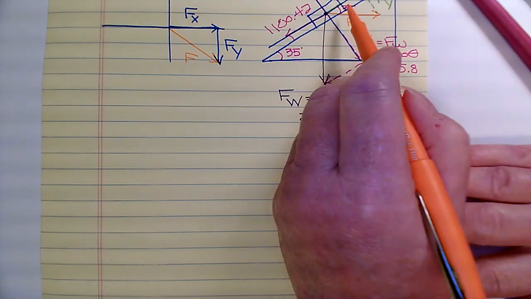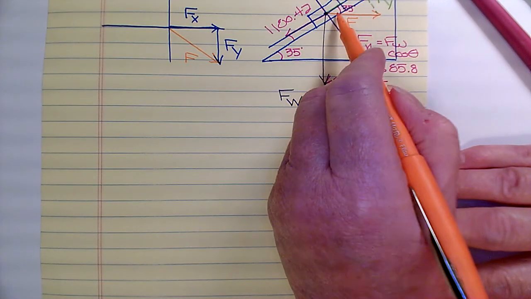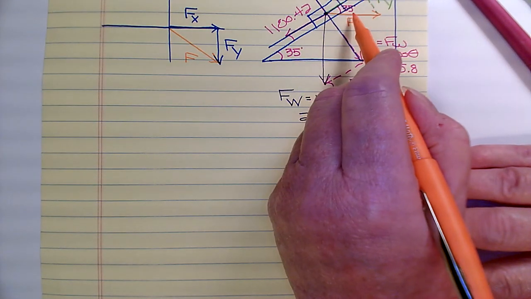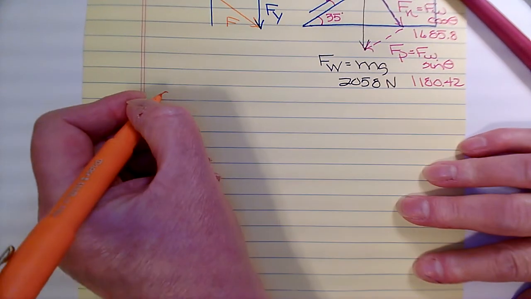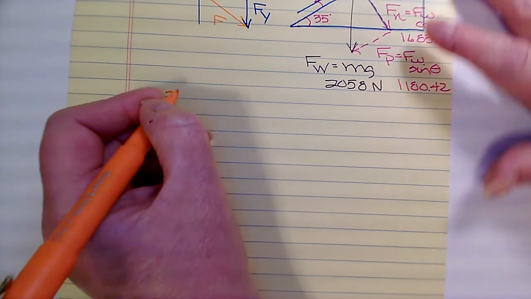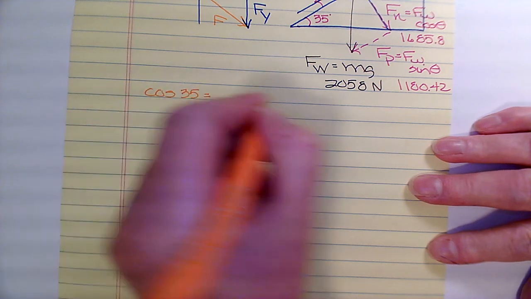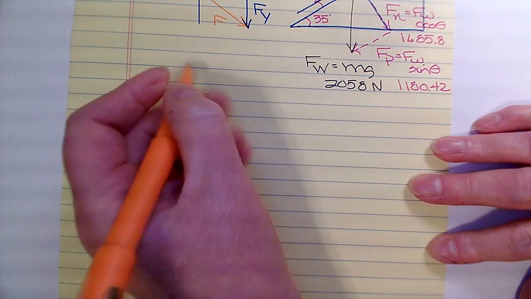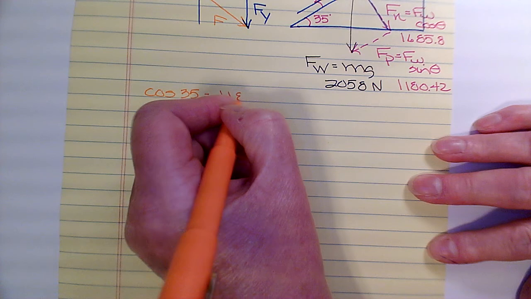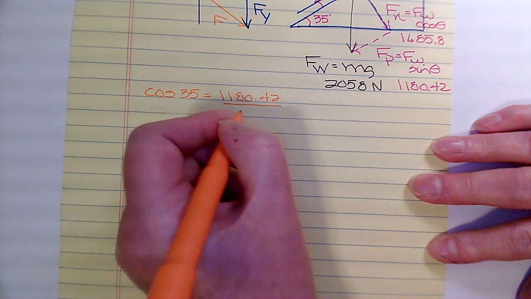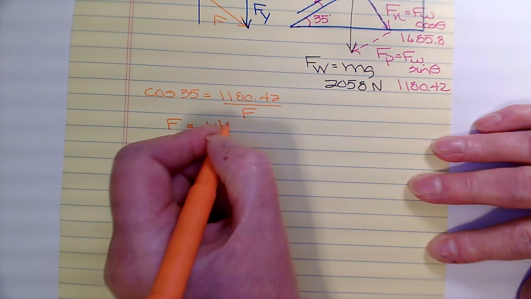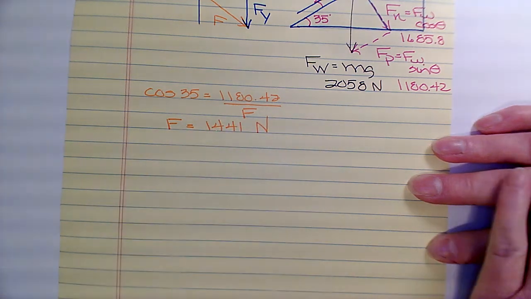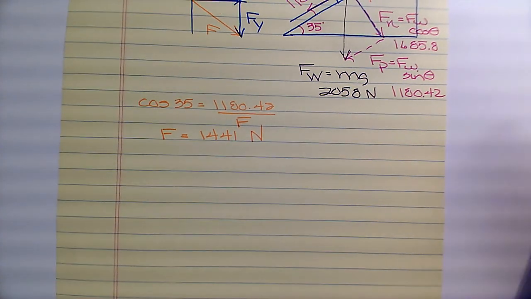But anyways, it looks like the orange F is the hypotenuse, and I noticed the 1180.42 is adjacent to it, so I'm going to write over here cosine of 35 is going to be the adjacent, 1180.42, over F, and we solve for that F, and we get 1441 newtons.